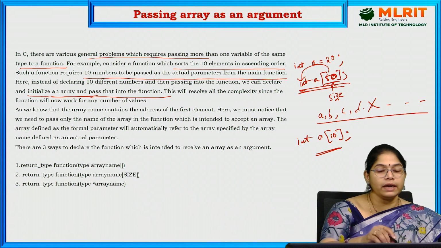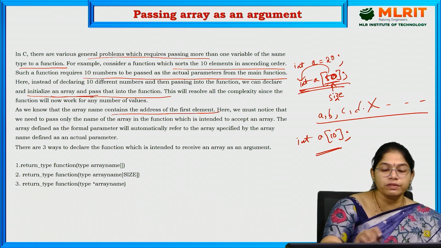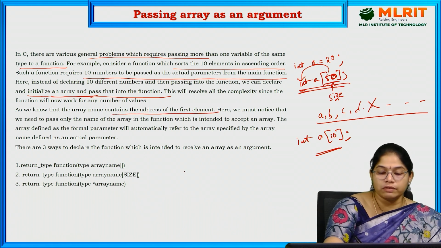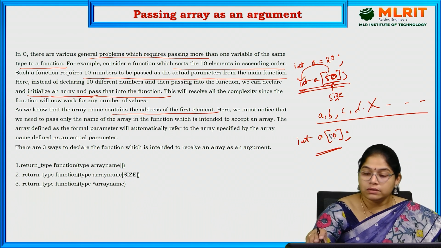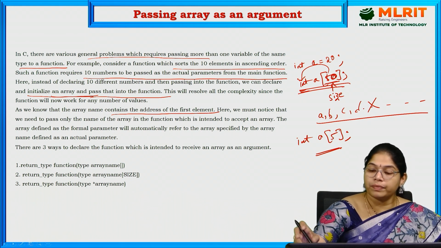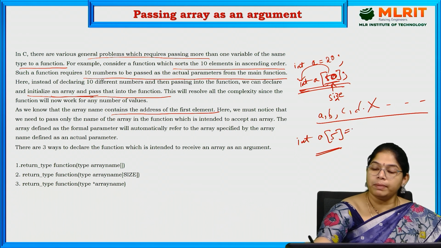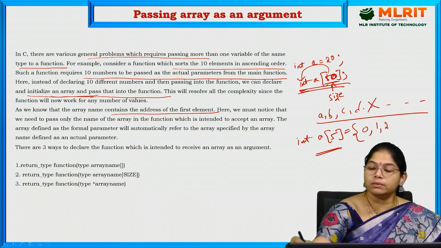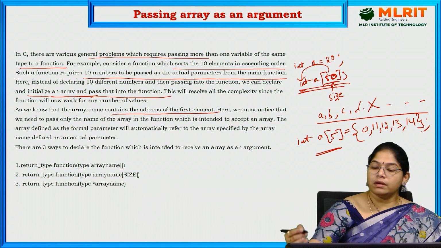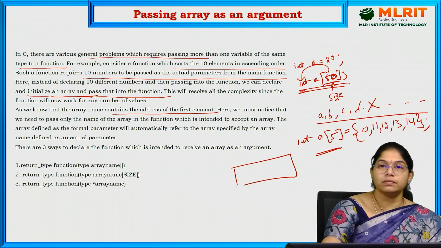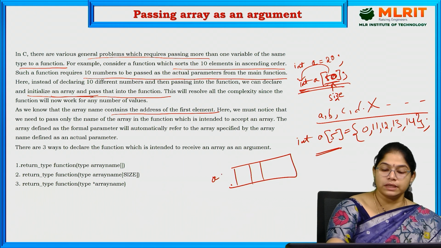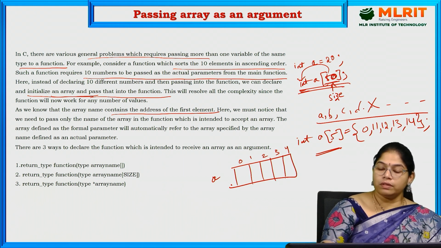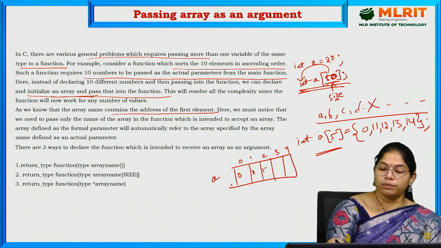As we know, the array name contains the address of the first element. Let us suppose I want to store 5 elements: int a[5]. Now I'm going with compile time initialization: 0, 11, 12, 13, 14. Now what happens in the memory? These are indexes 0, 1, 2, 3, 4, and the values are 0, 11, 12, 13, 14.